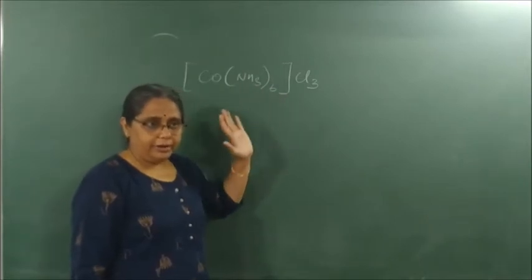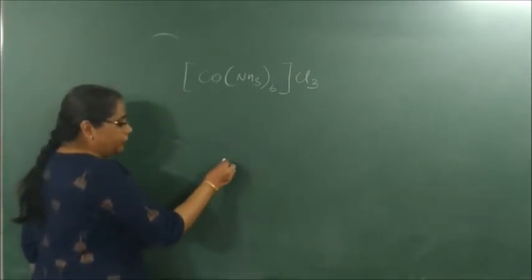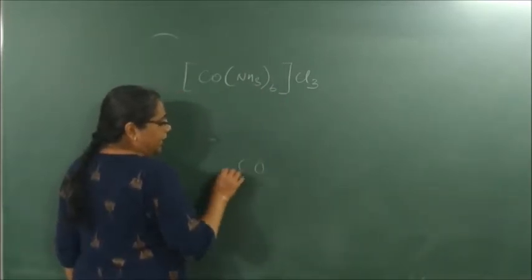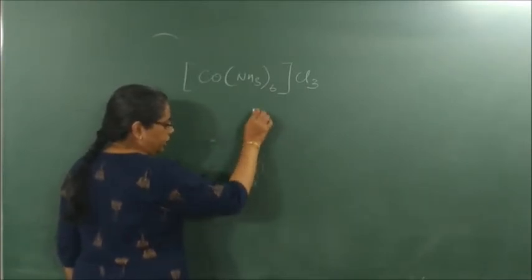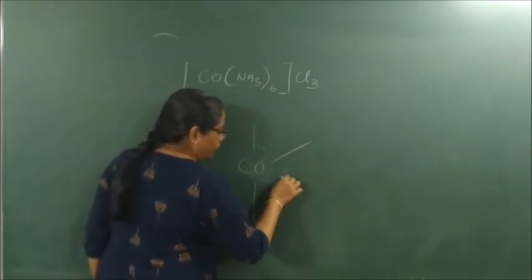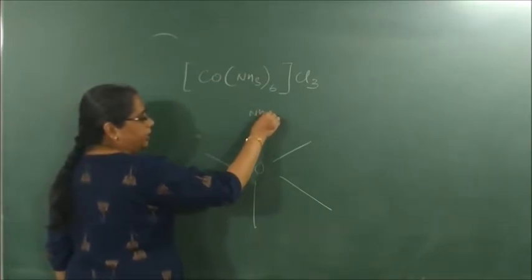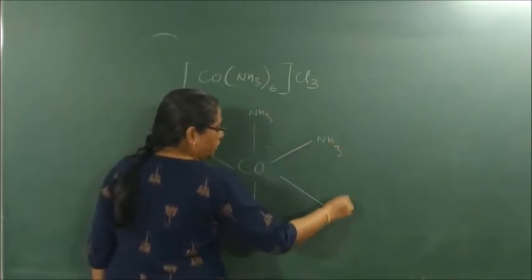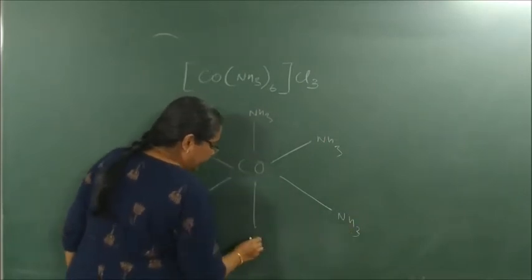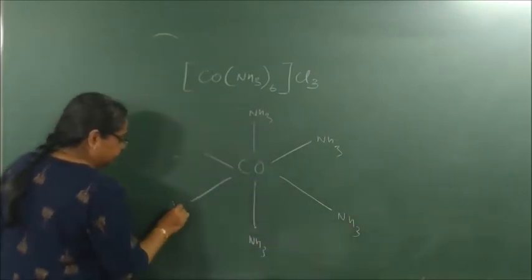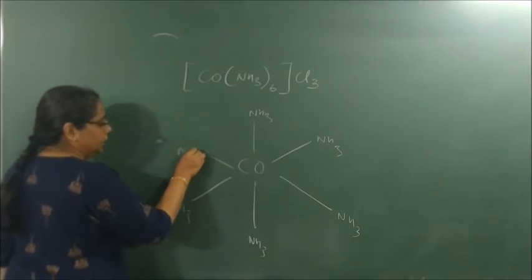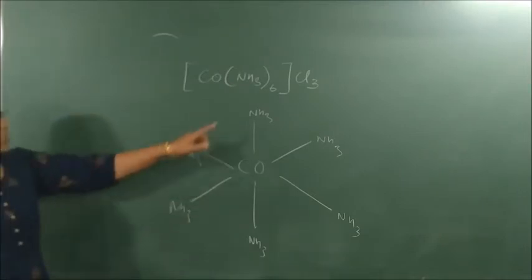Okay, it is what complex? An octahedral complex. So, if I draw cobalt and draw a structure around it, this is how the compound will look. Its secondary valencies form an octahedral structure. You have 6 NH3 and these Cl3.